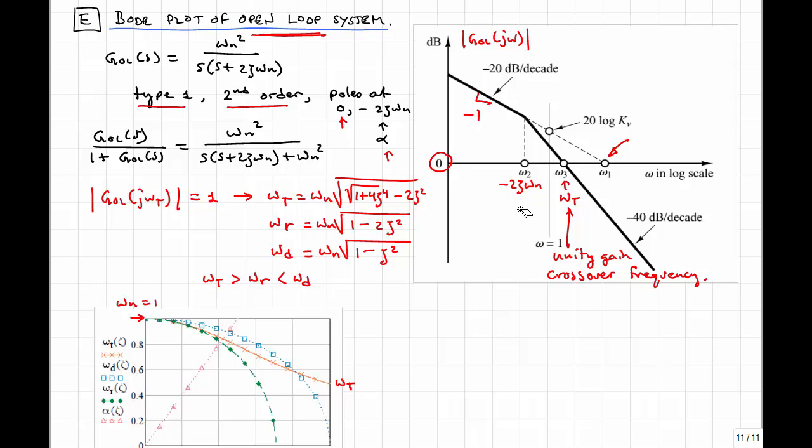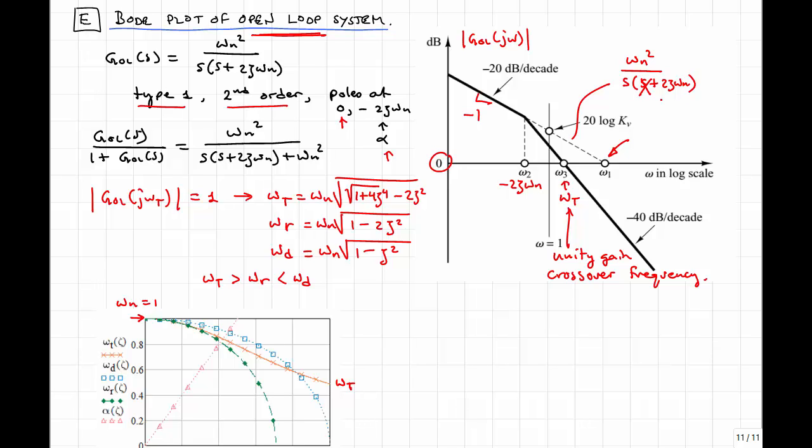So what we're really plotting in this case is omega n squared over s times, and here instead of having s plus 2 zeta omega n, we're going to get rid of this s.